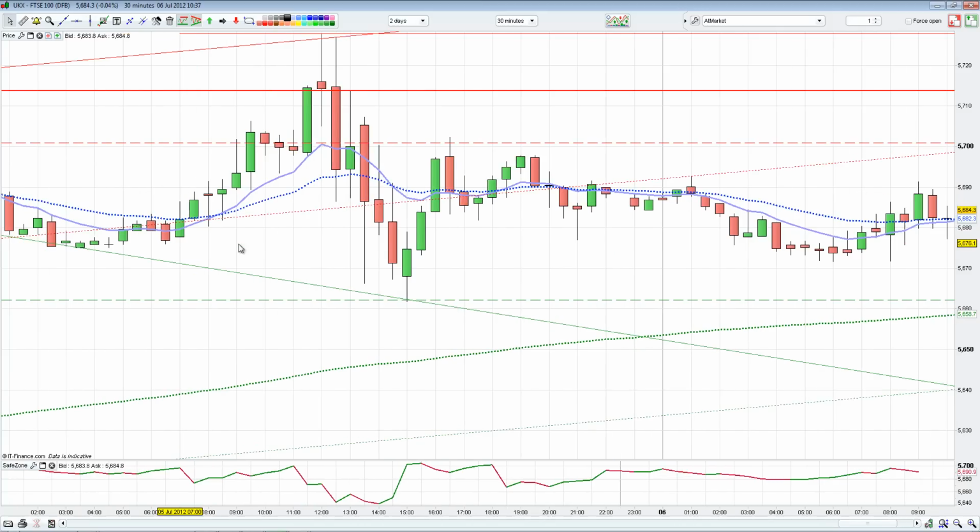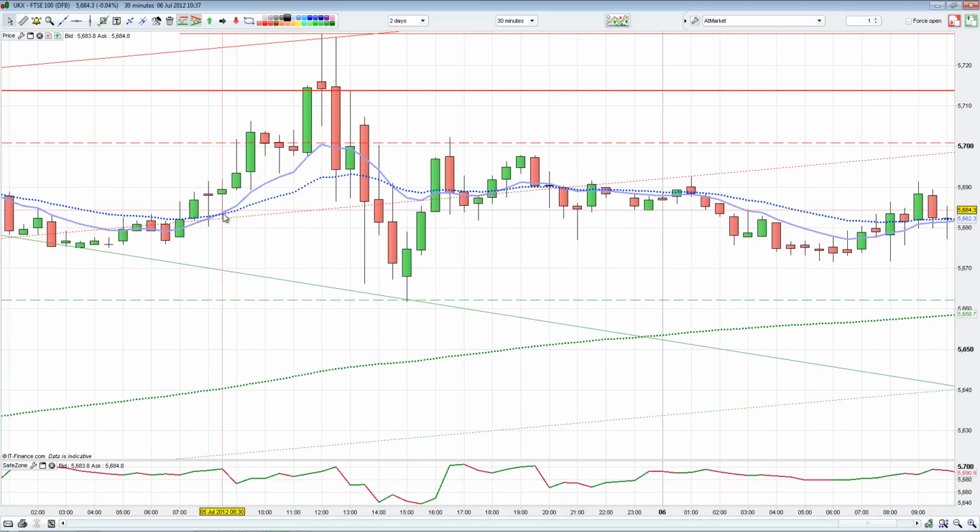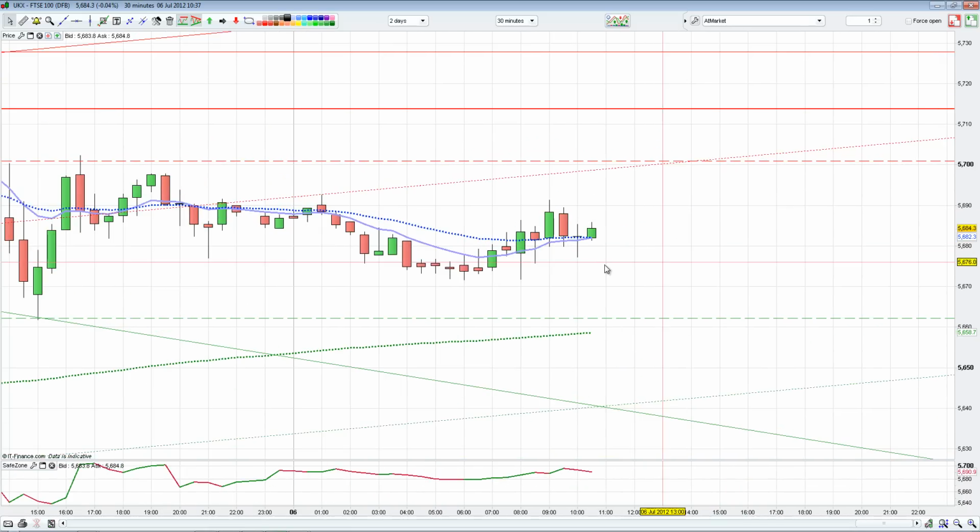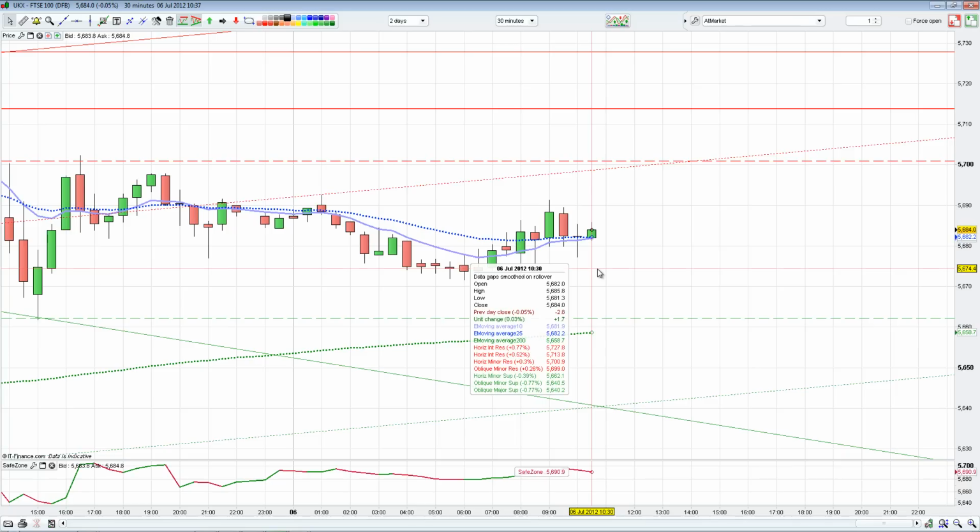If I just go back to yesterday during the day, you can see there we've got the cross, it's locked in, the 10 EMA is starting to widen the gap between it and the 25 EMA, and then sure enough the price an hour later did fall back, test that level, and then carried on rising, and potentially there was about 40 odd pips to be got there if you managed to close right at the top of the spike. So in very simple terms, that's what we're looking at here: the 10 EMA crossing the 25 EMA, and then entering the trade on the retest of the 10 EMA level.